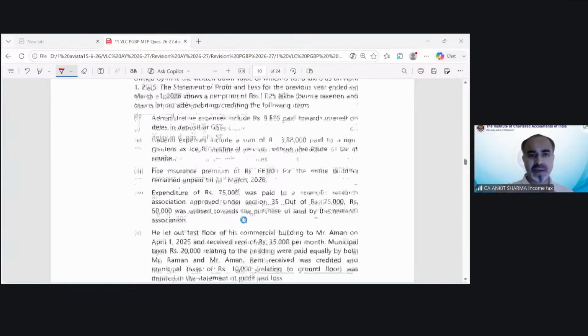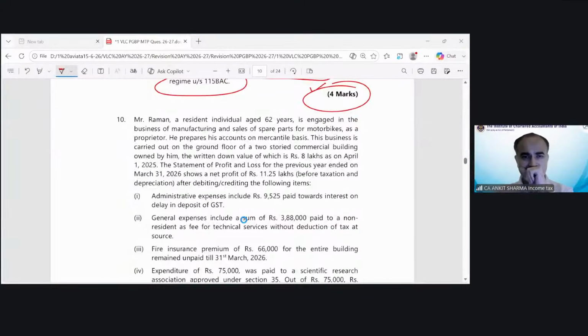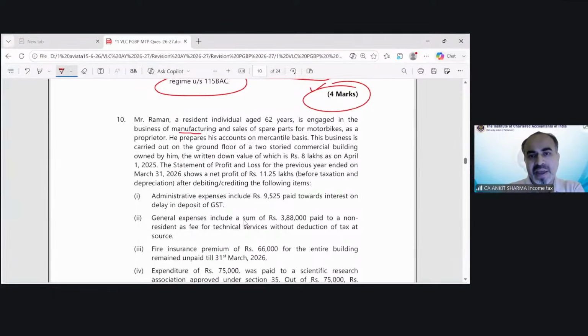So we have discussed till question number 9. Let's move on to question number 10. Mr. Raman, a resident individual aged 62 years, is engaged in the business of manufacturing and sales of spare parts for motorbikes as a proprietor. He prepares his accounts on mercantile basis.